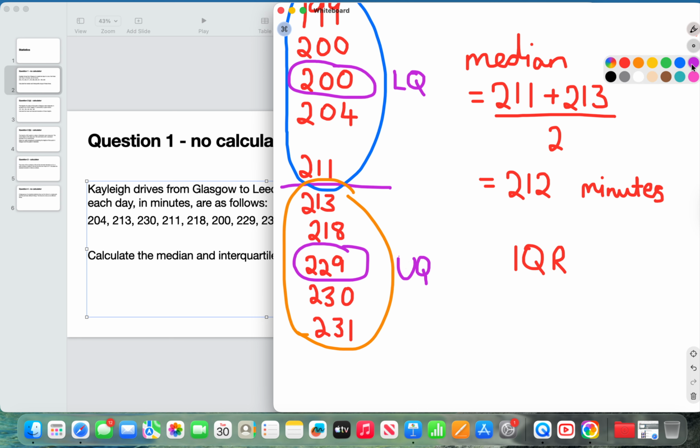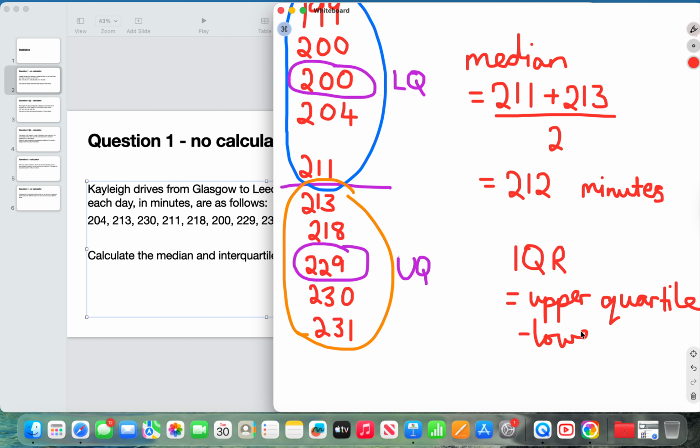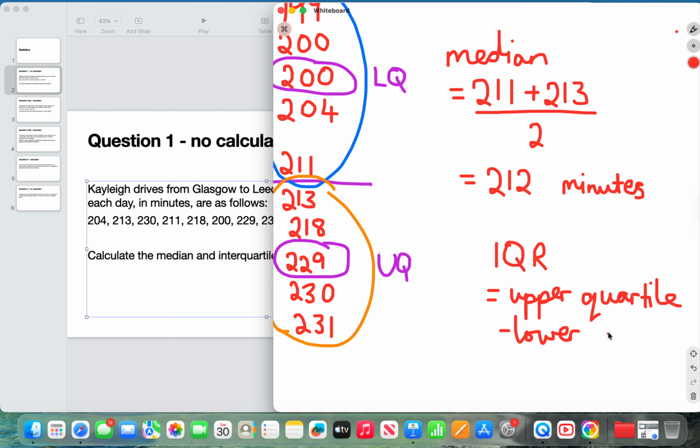So upper quartile minus the lower quartile gives us the answer of 29 minutes.